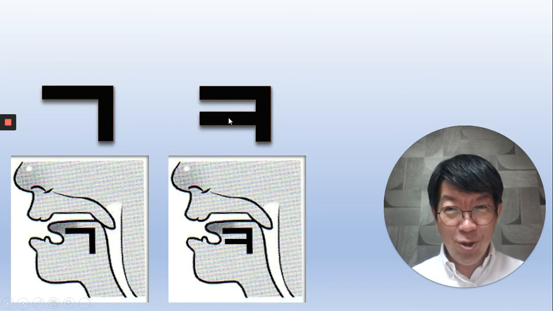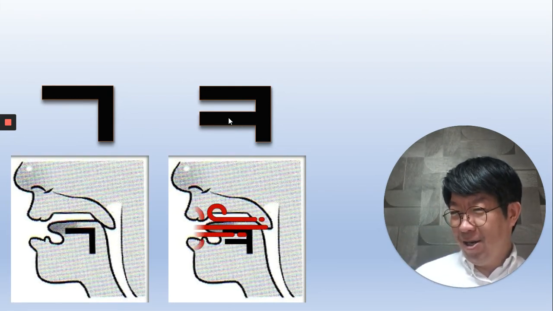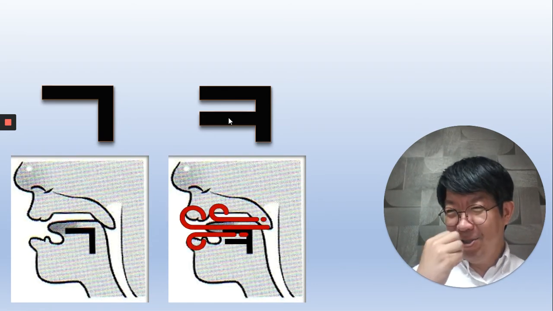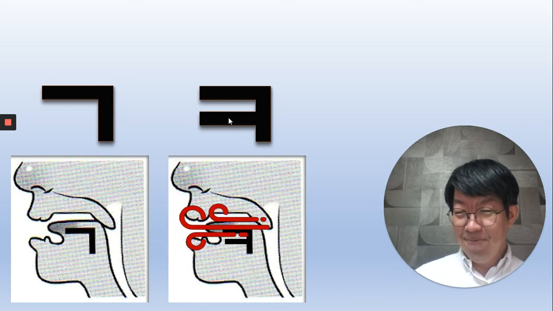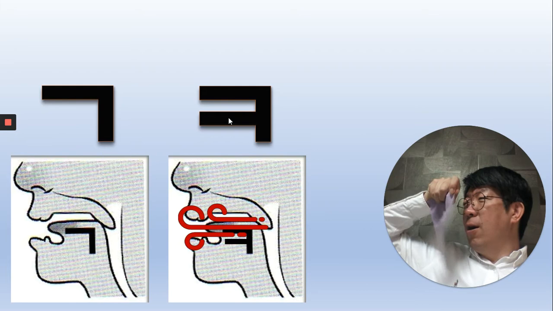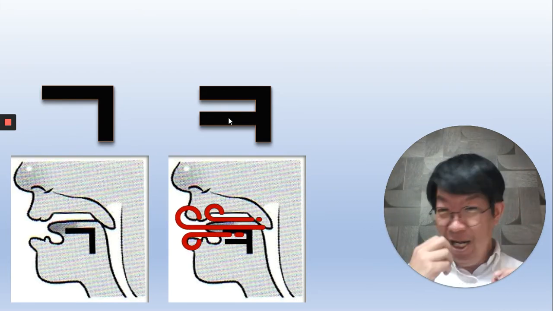So this one more stroke means H. Strong air comes out from your mouth like this, right? Ga doesn't move. Ka, as you see, that moves, right? Ga, ka.